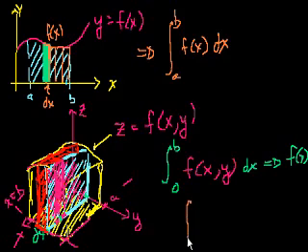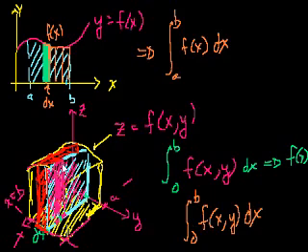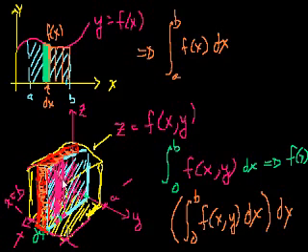So it would be the integral from 0 to b of f of x y dx. That gives us the area of this blue sheet. Now if I multiply this whole thing times dy, I get this volume. It gets some depth. This little area that I'm shading right here gives depth to that sheet.